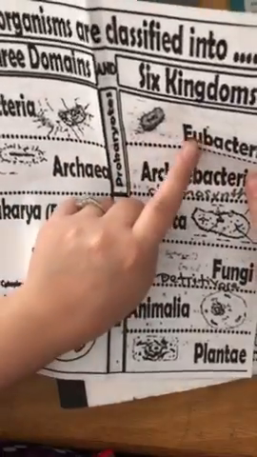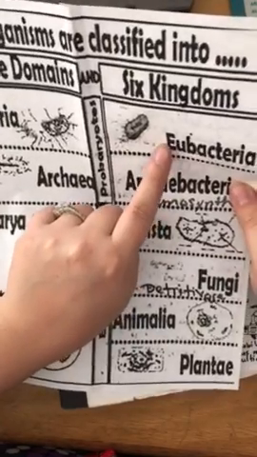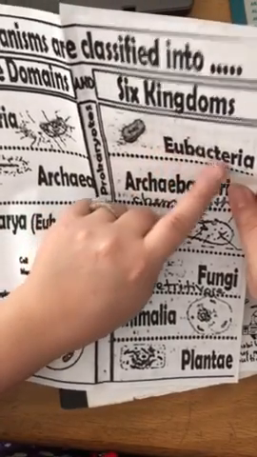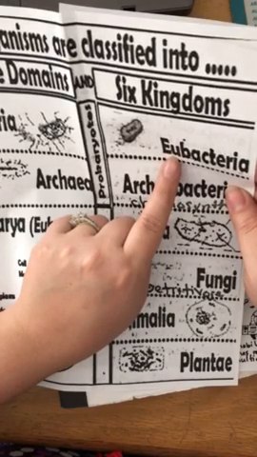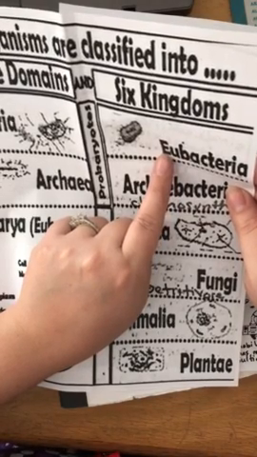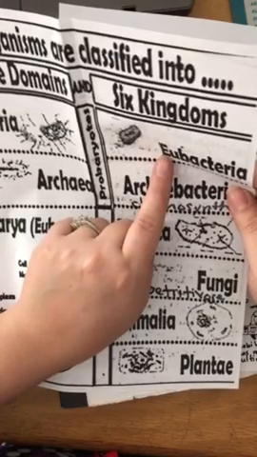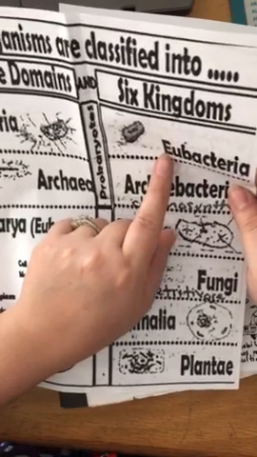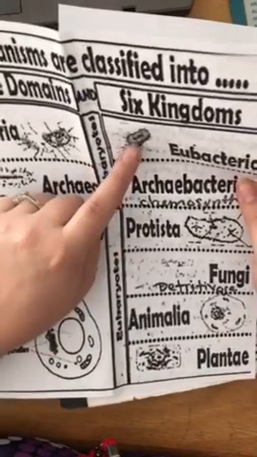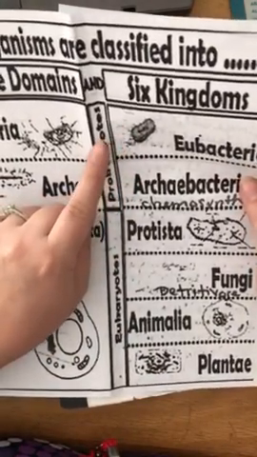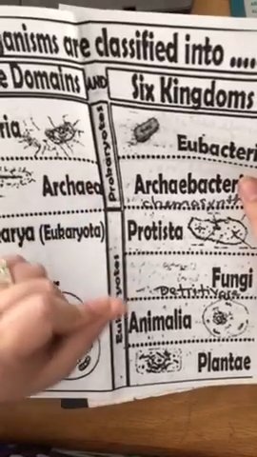Okay? Eubacteria is the bacteria that we deal with on a daily basis. This type of bacteria is common. It can be found in our intestines to help us digest. It can be found in yogurt that we eat to help us, again, digest food. It can also be bacteria like E. coli.